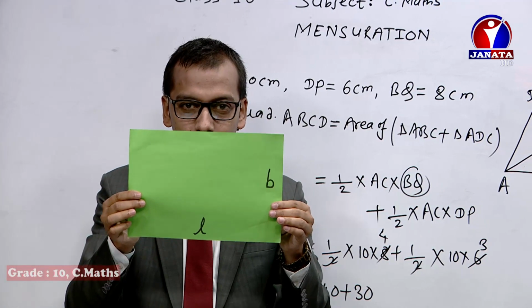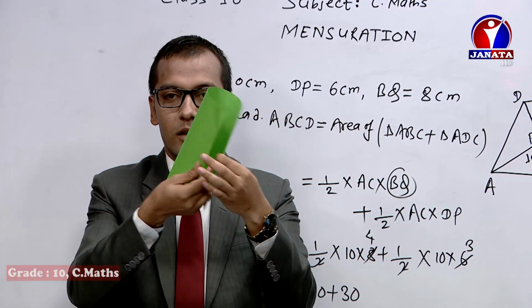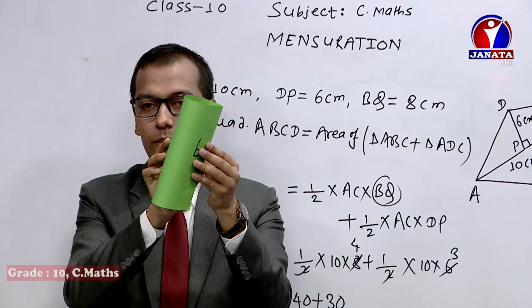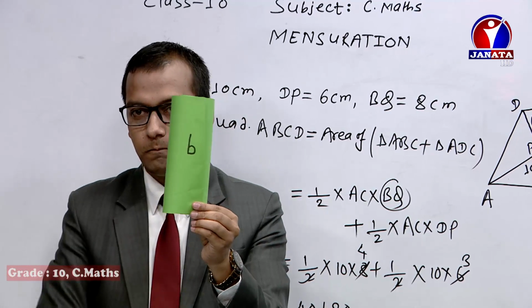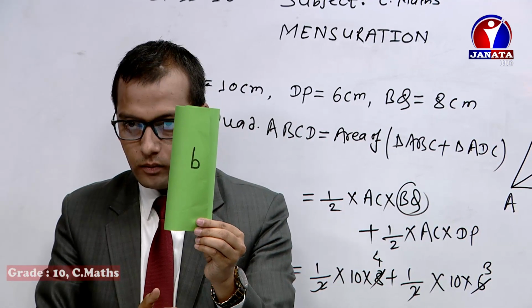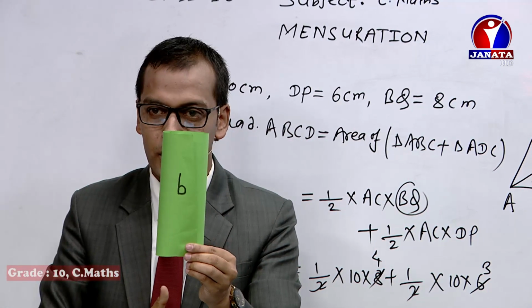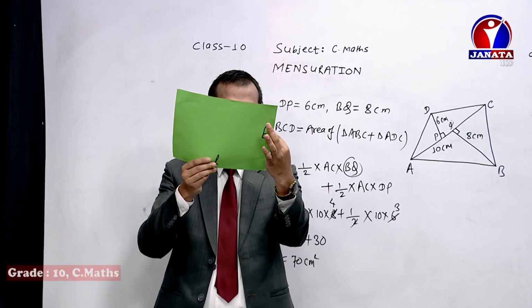For this, we can simply join two breadths like this. If we join two breadths like this here, this is cylinder, where breadth of rectangular piece of paper now becomes height of cylinder. I have written here, this is breadth.